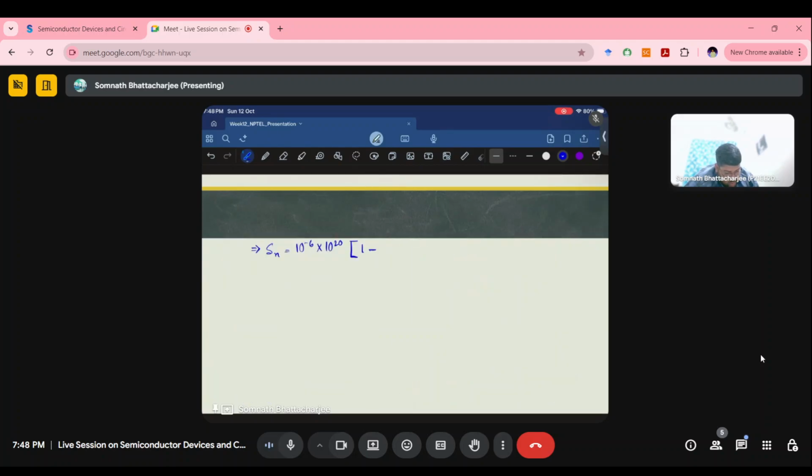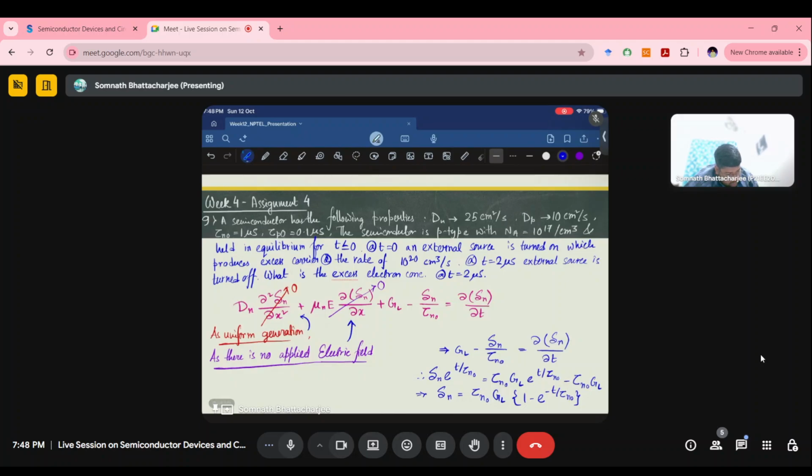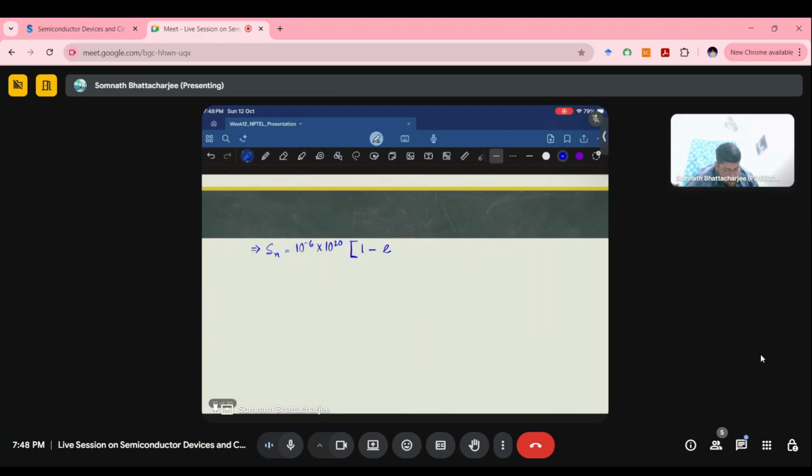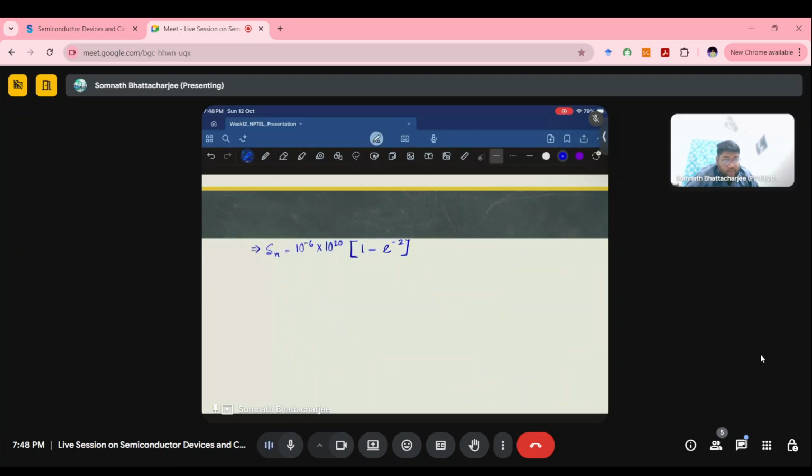Now if we write this into e to the power of, so it was 1 minus e to the power of minus t by tau. So t is 2 microseconds. So this is minus 2, right? This is minus 2 because it is 2 microseconds by 1 microsecond.